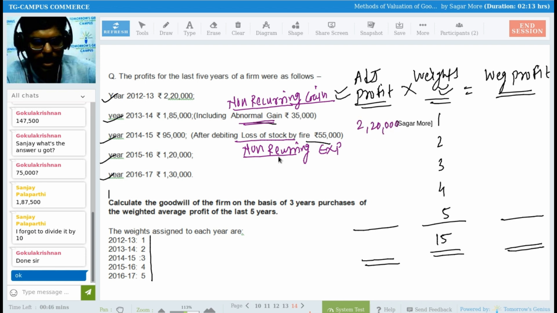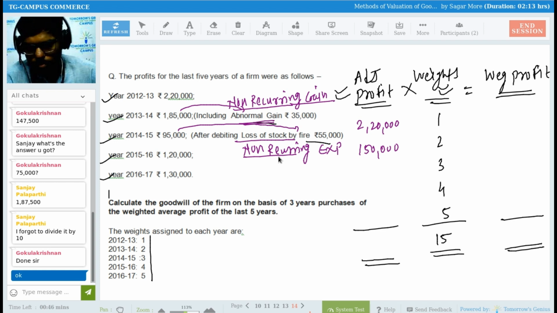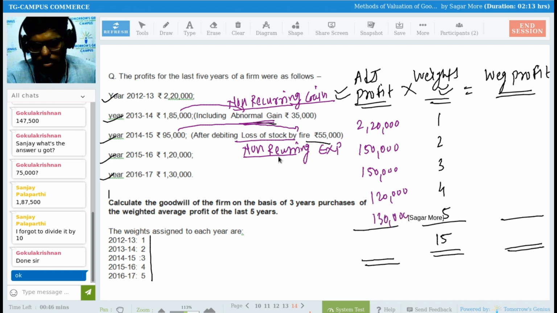The second year is 185 minus 35, so 1,50,000. The third year, after debiting loss of fire, the 55,000 we have to add now. So the answer is 1,50,000 only. Then the fourth year 1,20,000 and the fifth year 1,30,000.